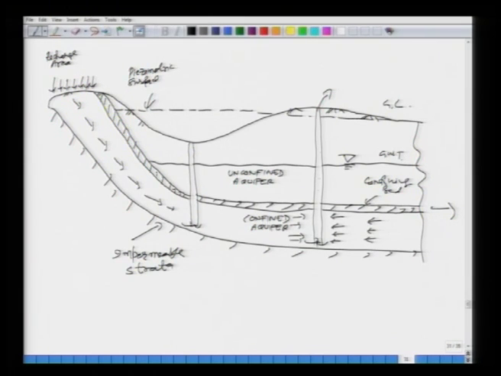If you have dug this well into the confined aquifer, the water level will rise up to this piezometric surface. So, this is your water level in this pumping well. Now, this piezometric surface at this location in this particular well is higher than the ground. This is the ground, you see.